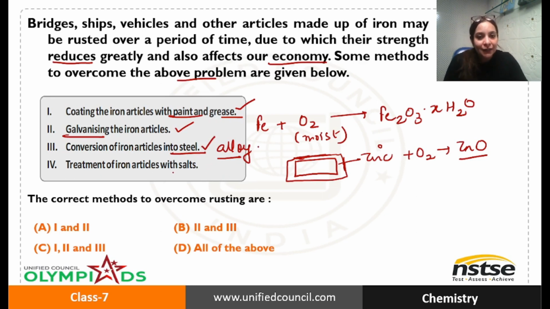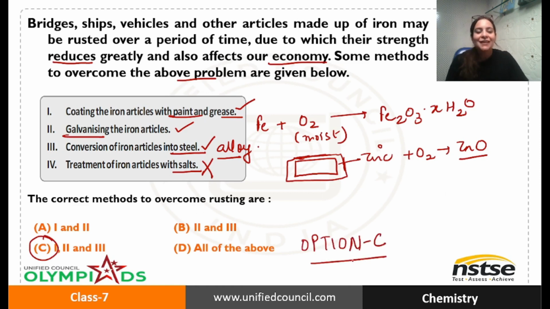Treatment of iron articles with salts. No, because we have already studied that salts speed up the rusting process. It doesn't prevent, rather it speeds up. So basically the correct methods to overcome rusting are 1, 2 and 3. Therefore, the correct answer is option C.